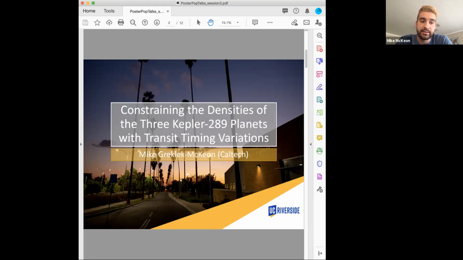We extended the TTV baseline by more than 6 years from the original Kepler observations, as well as doing a reanalysis of the Kepler photometry to more carefully account for star spots. We were able to reduce the mass uncertainties by more than a factor of 2 and show that the system is consistent with 2 super-Earth planets with considerable atmospheres and an outer Jupiter-like planet. If you're interested in hearing more about it, check out the poster on Slack.